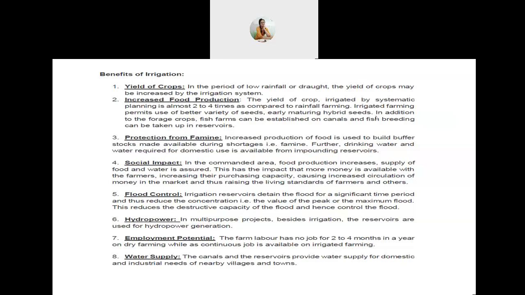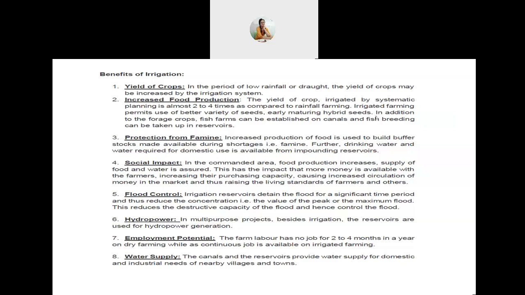Number three, protection from famine. Increased production of food is used to build buffer stocks made available during shortages, that is famine. Further, drinking water and water required for domestic use is available from impounding reservoirs. Number 4, social impact.